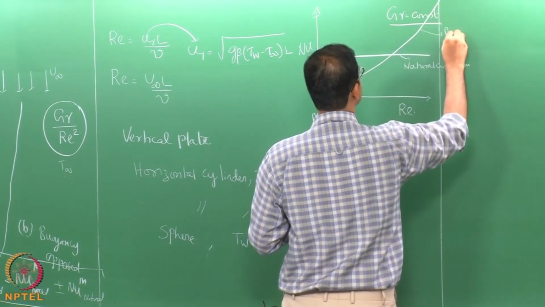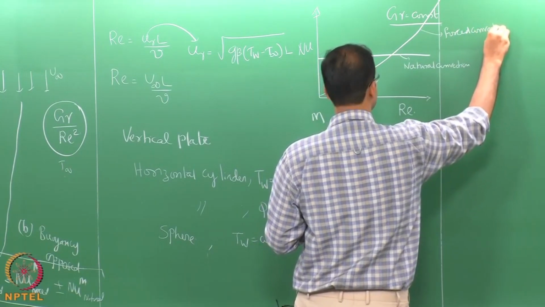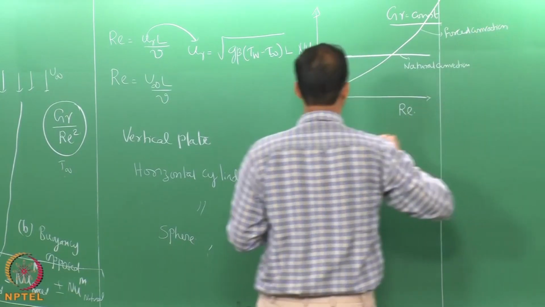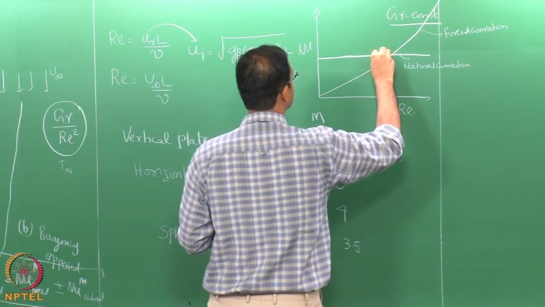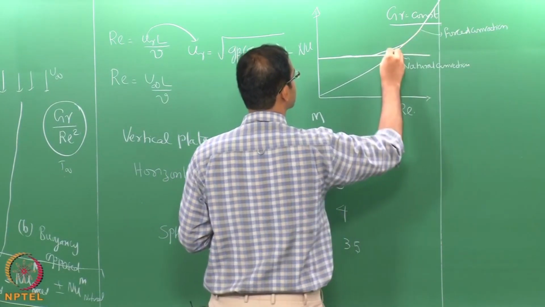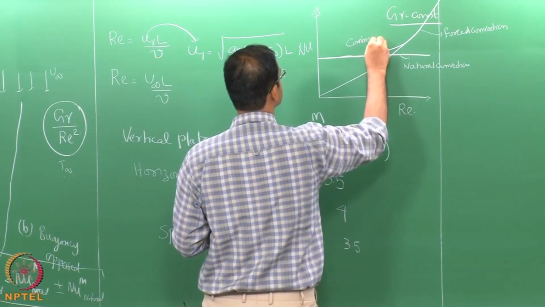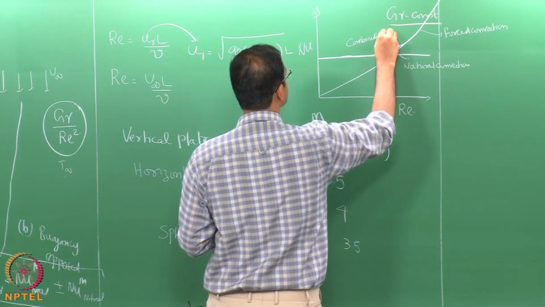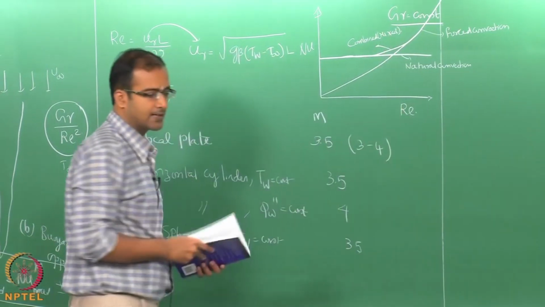So, this is your forced convection case. Therefore, the combined convection will have to transition from the natural to the forced like this. So, this will be your combined or mixed convection. So, this is the assisted case.